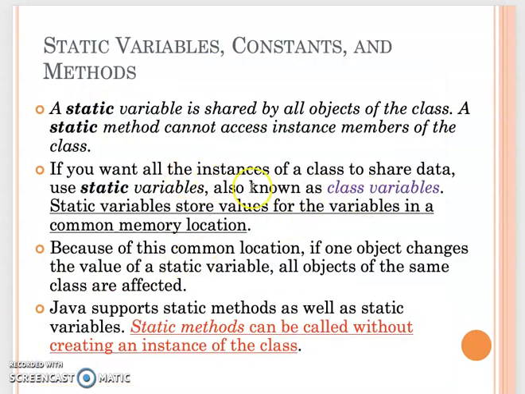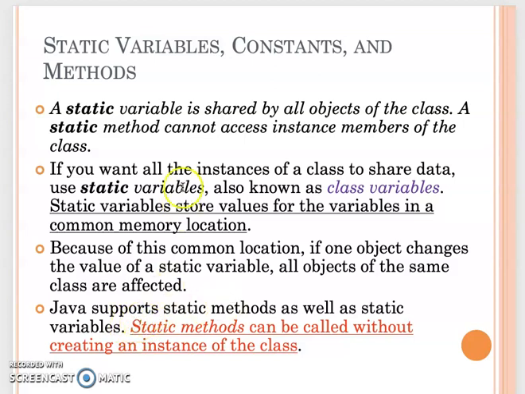A static variable is known as a class variable, stored in a common memory location. Because it is a common memory location, if an object tries to change the value of a static variable, the object actually can change it unless we make it private. Then all the objects of the same class are affected.